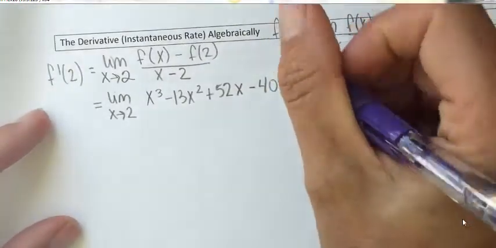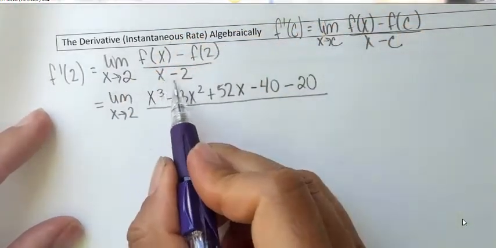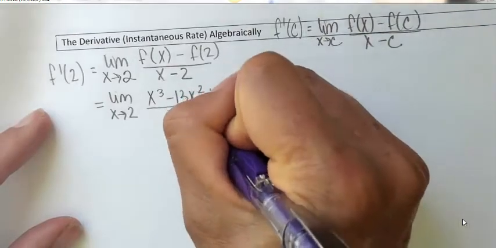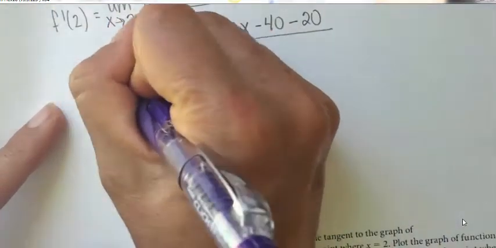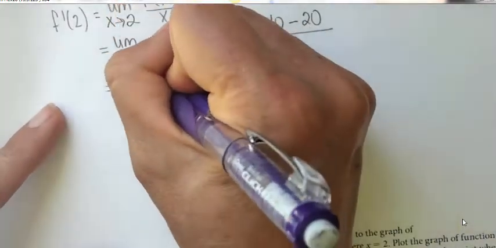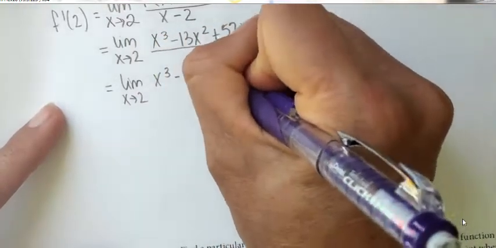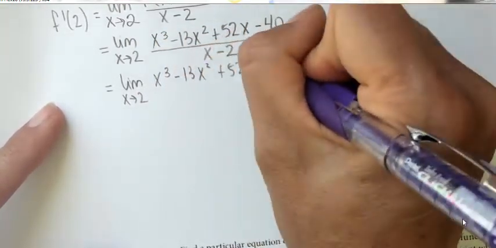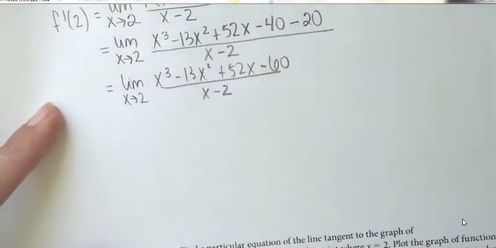So from that, I'm going to subtract 20, and I'm going to put that all over x minus 2. Simplifying this a little bit further, the limit, I'll just combine like terms. I've got x cubed minus 13x squared plus 52x minus 60 all over x minus 2.